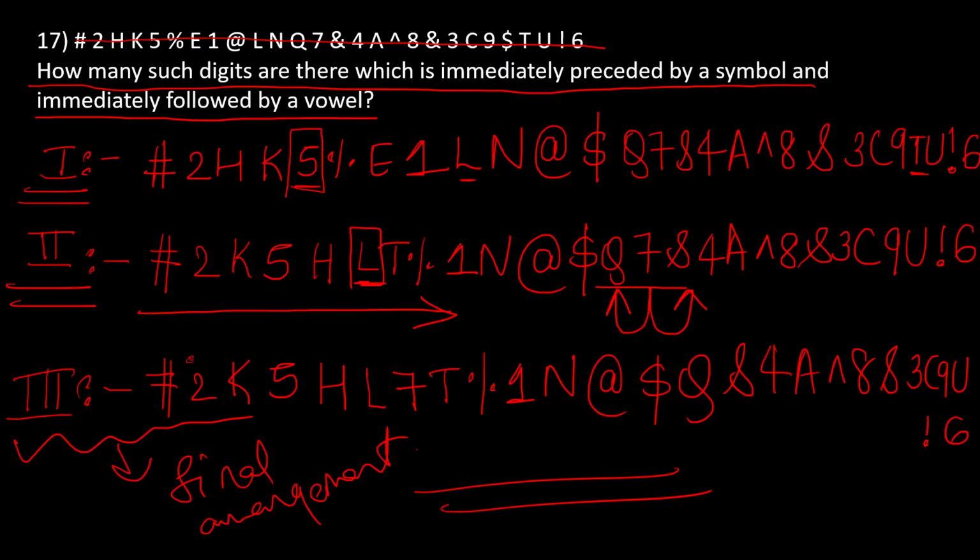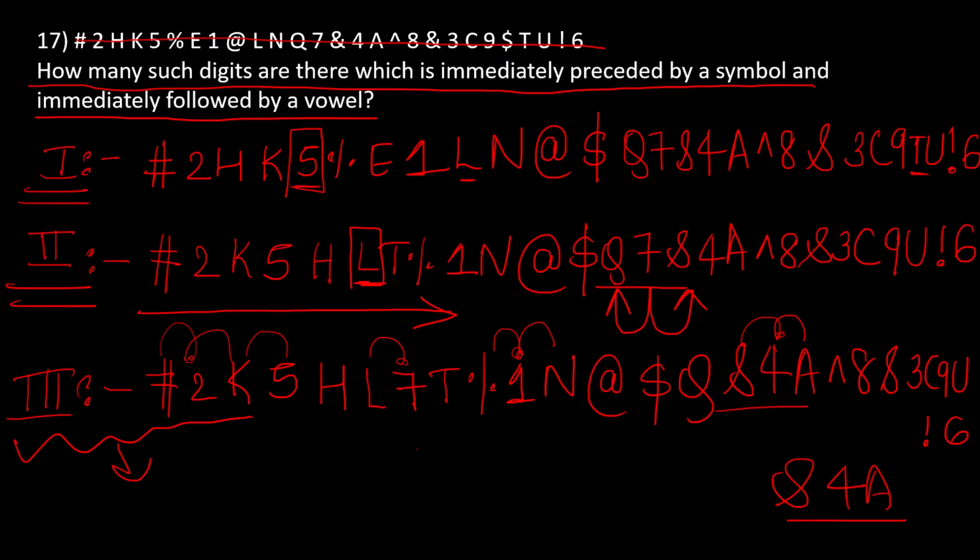Digit preceded by a symbol followed by a vowel? No. Preceded by a symbol? No. Preceded by a symbol followed by a vowel? No. Preceded by a symbol followed by a vowel? Yes. And 4A is one pair you got.